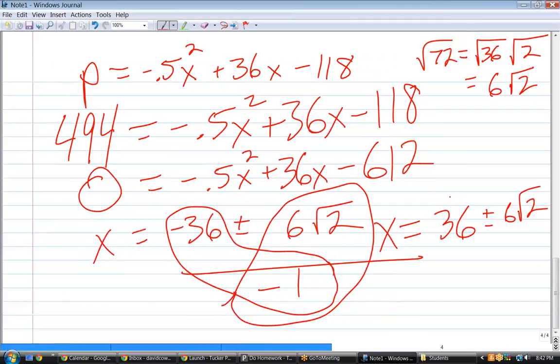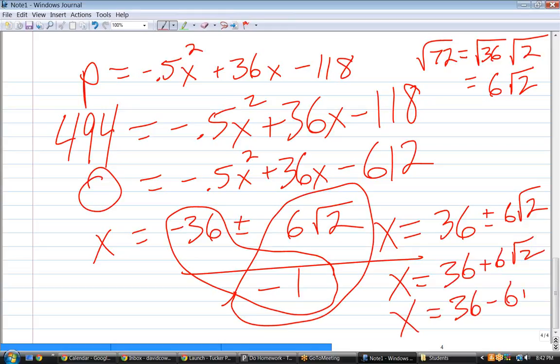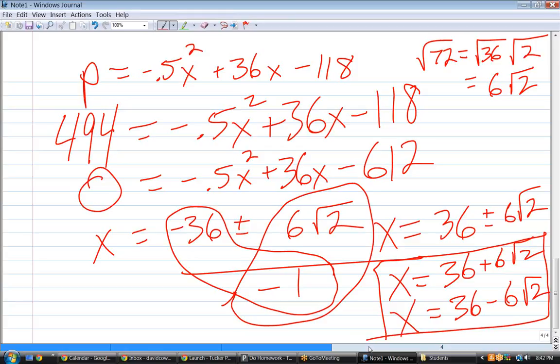First of all, this is 2 different answers, right? That's x equals 36 plus 6 root 2. It's also equal to 36 minus 6 root 2. Make sure you understand that. In other words, it's a quadratic. You expect 2 different answers.